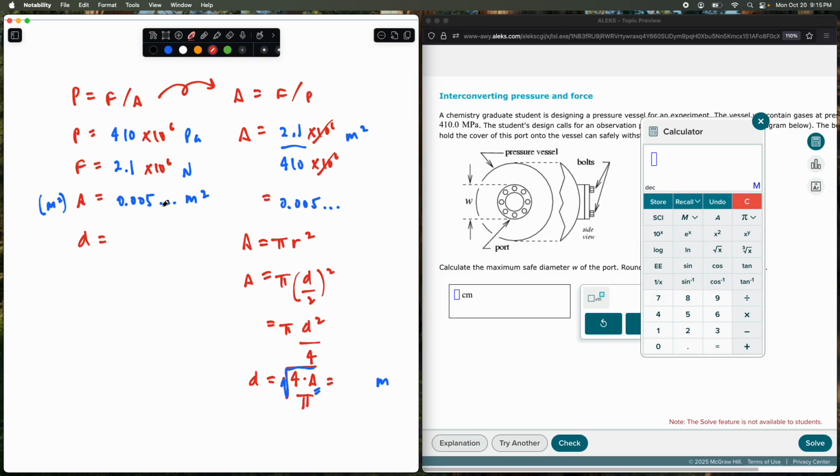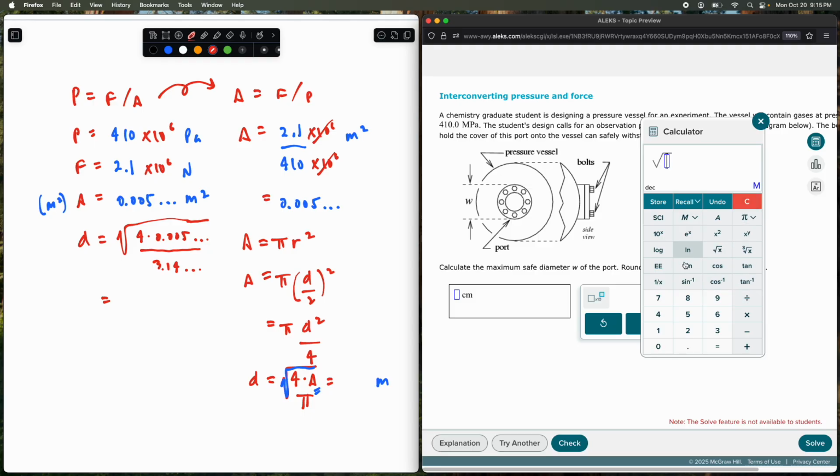Diameter is equal to the square root of 4 times 0.005, all divided by pi, which is about 3.14. That's also in my calculator. Let's go get those numbers now. Pull the calculator up. I'm going to say square root, and divided by, so I have a nice fraction there: 4 times my area in square meters, right?